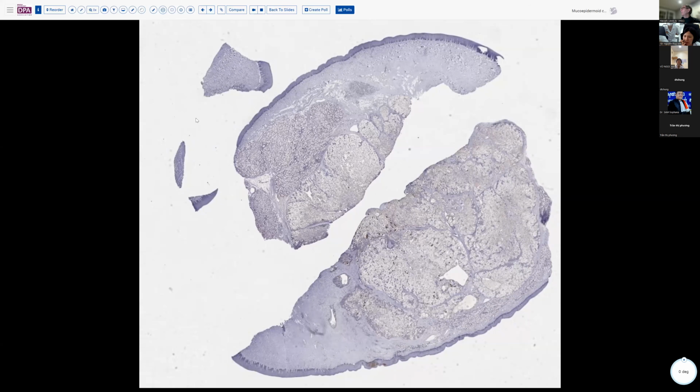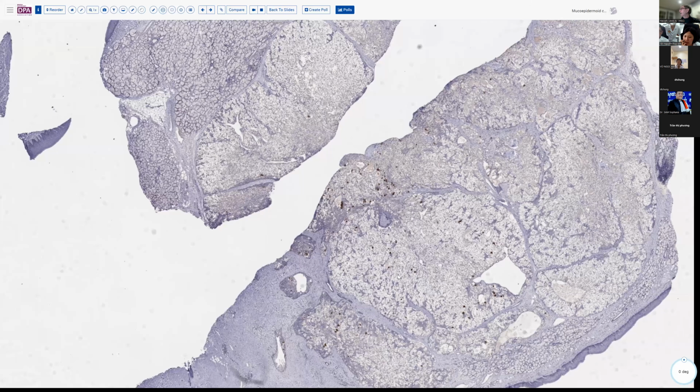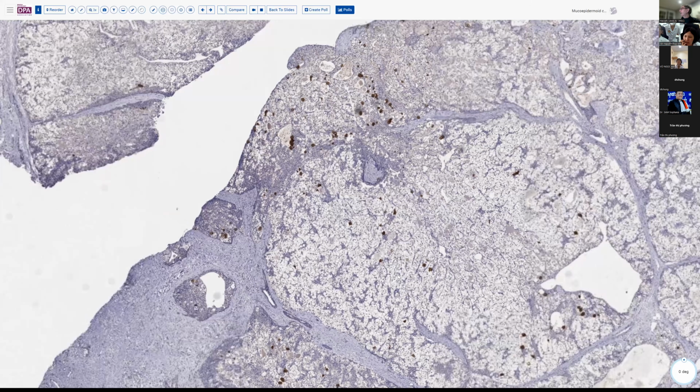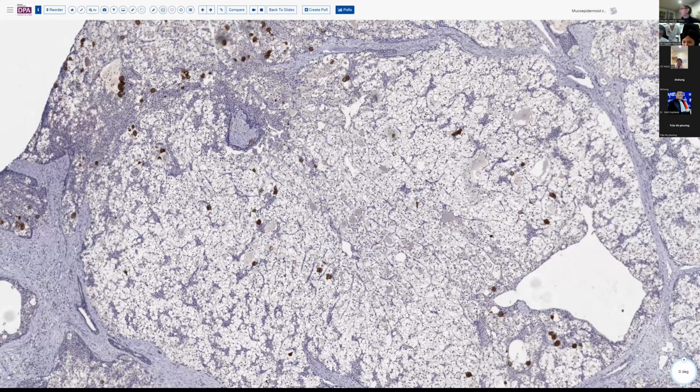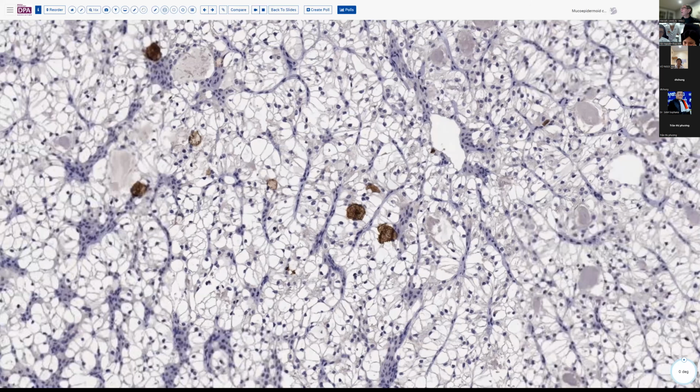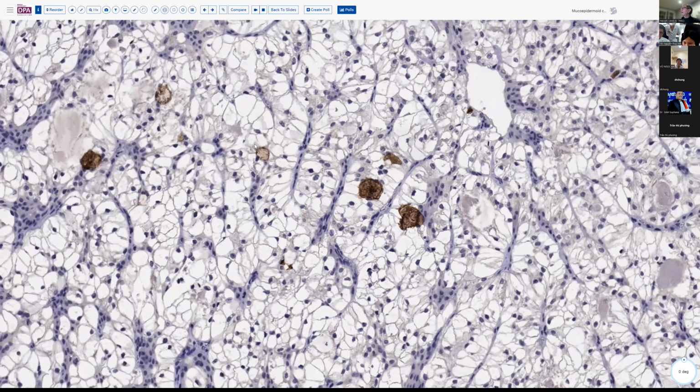And here is, I believe, the immunohistochemical stain. That will also highlight the occasional positive cells. As you can see here, here, and let's just verify. I think this is the MUC5.